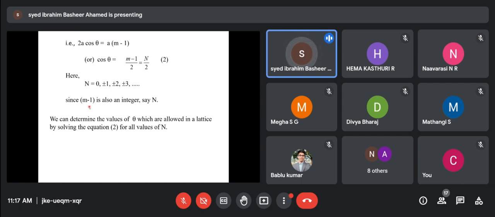Since m minus 1 is also an integer, say N, we can determine the values of theta which are allowed in a lattice by solving equation 2 for all the values of N.